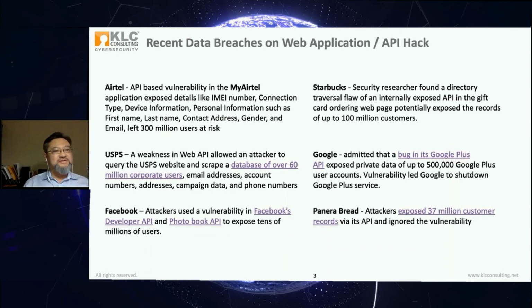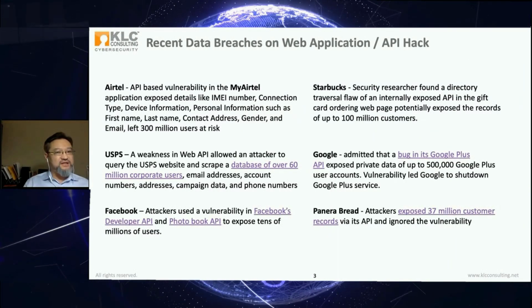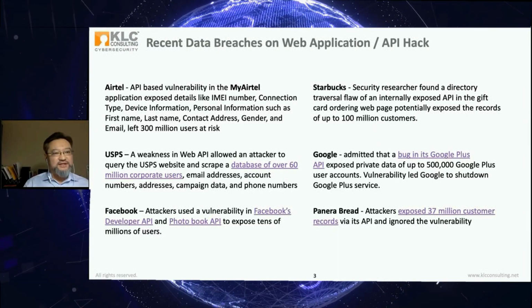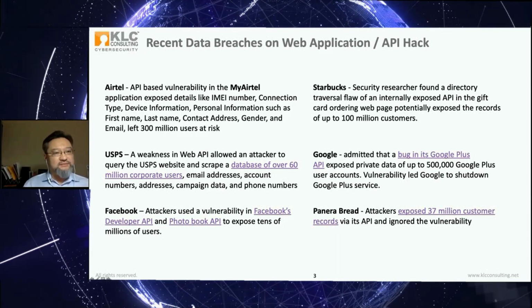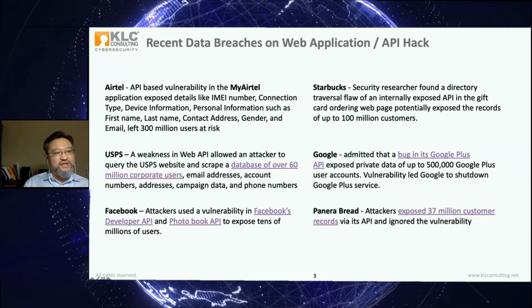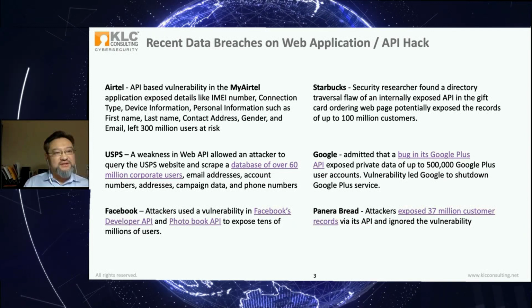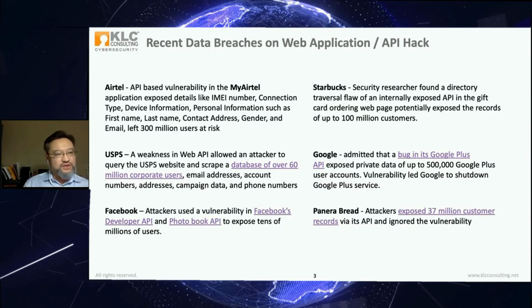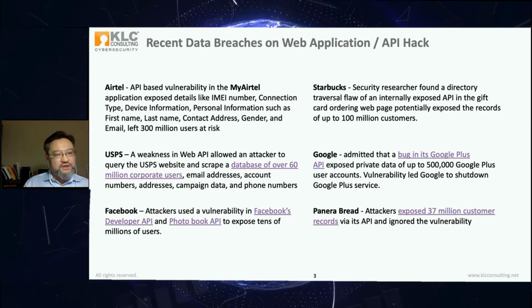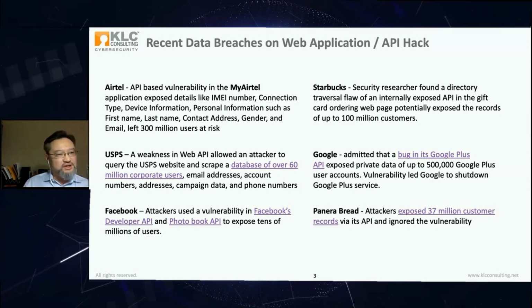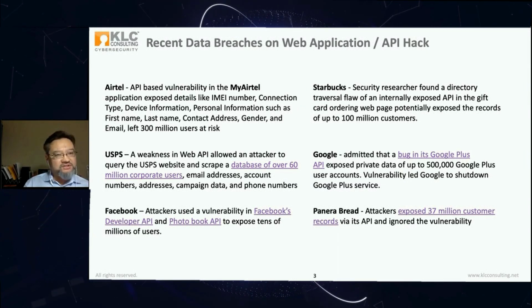Here are some recent data breaches attacking web applications and APIs. Airtel, you probably know, is an Indian telecom. They had an API-based vulnerability in the My Airtel application, which exposed 300 million users' personal information. The US Post Office recently had a web API vulnerability, which exposed about 60 million users' personal information.